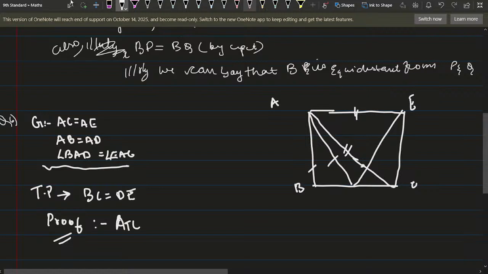as per the question, angle BAD, this one, plus angle DAC, this one, is equal to angle BAC, this one, the entire angle.